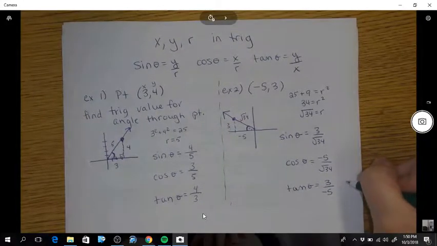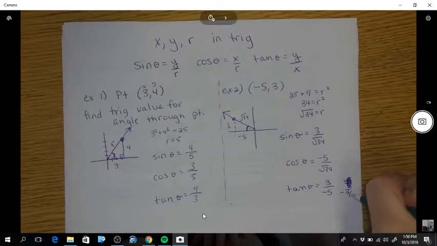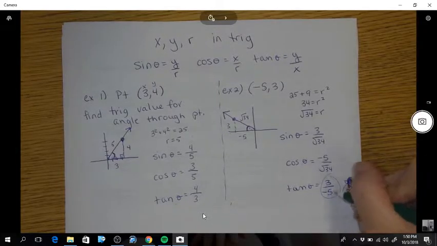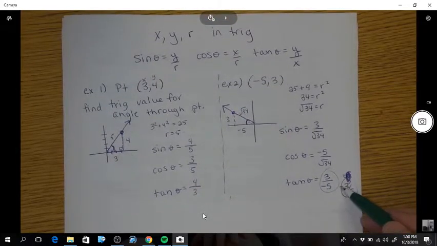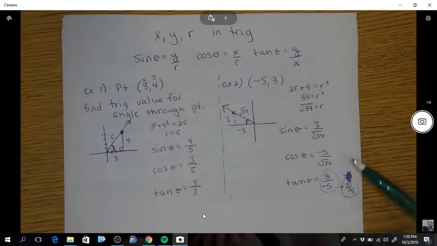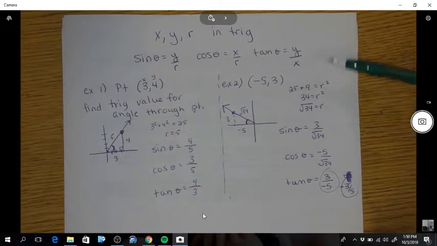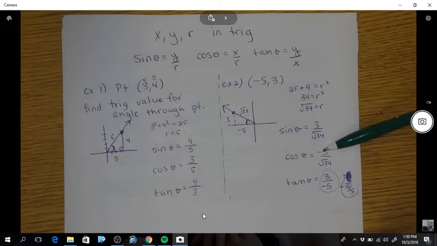If you know your stuff about math, you can also represent that as -3/5. These are equivalent to each other. This is just a better way of representing it as a negative number, but it's okay to do either. Those are your x, y, r ratios, trig values.